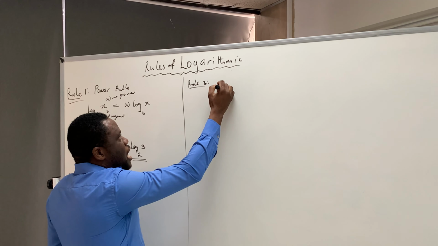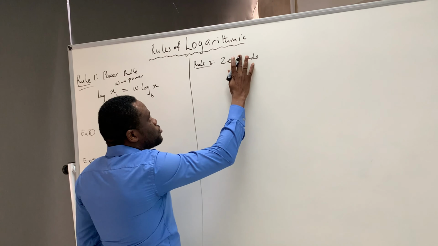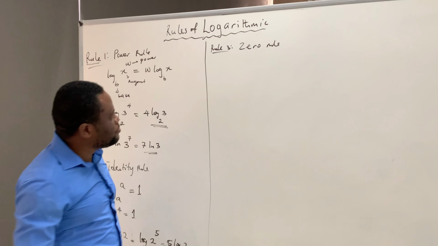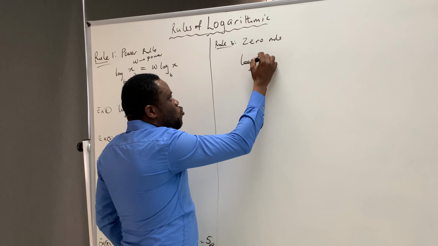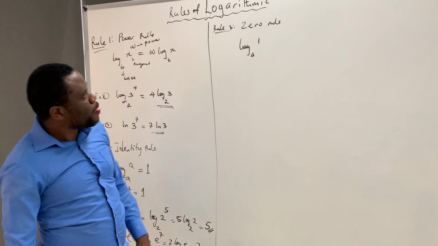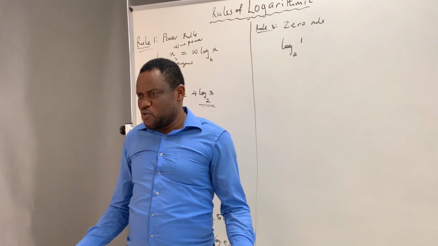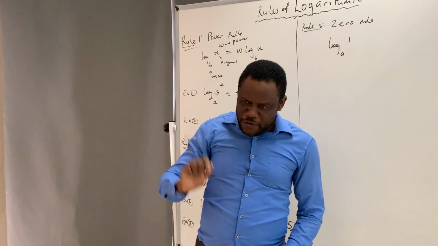This rule, I call it the 0 rule. Why do I call it the 0 rule? Log in base A of 1 is 0. But you can ask me, how is it 0? I don't want you to go and memorize it. Let me prove it for you.